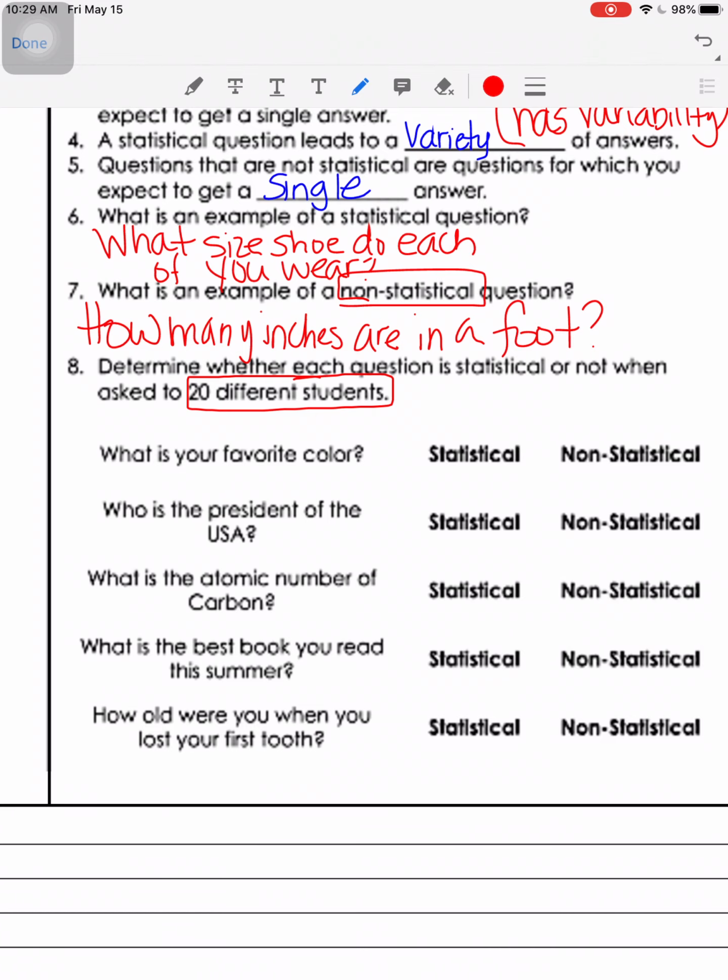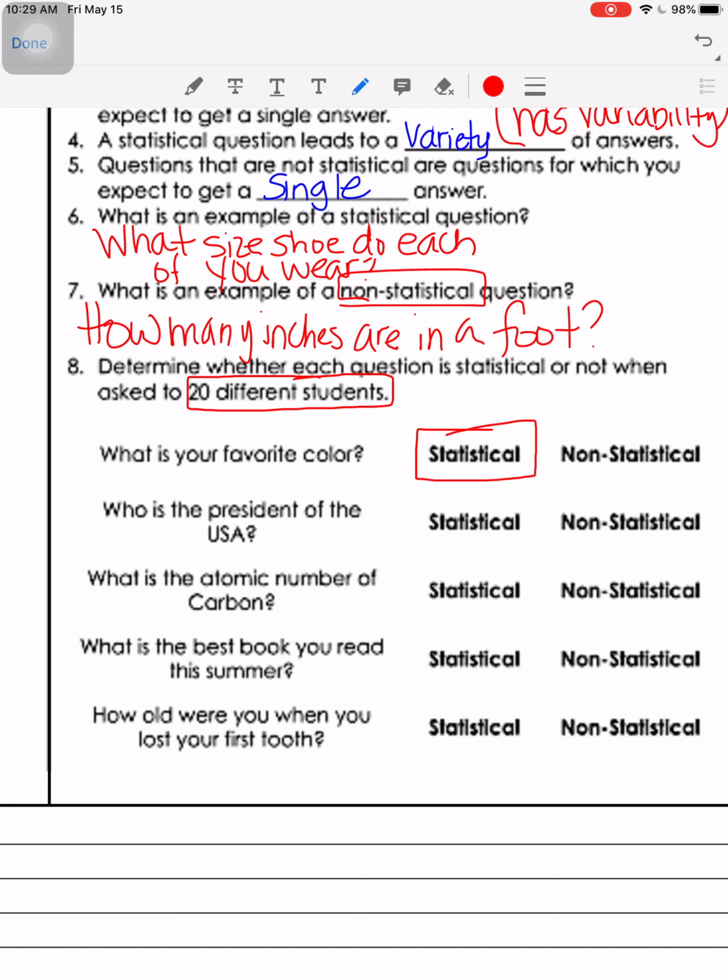All right, so what is your favorite color? If I ask 20 people, what is your favorite color? It's not likely that each of those 20 people are going to tell me the same color. So this question would be statistical because it has variability. I'm going to get a variety of responses from each person I ask.